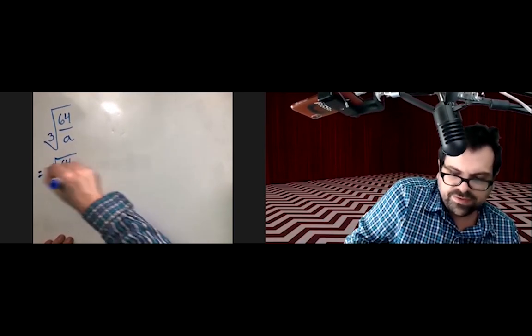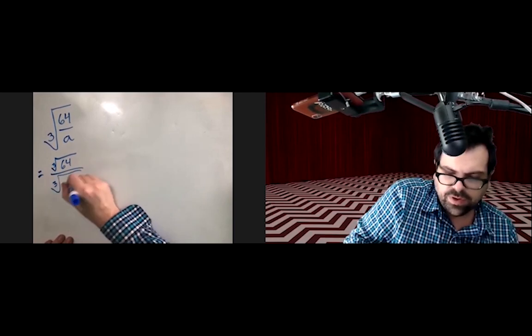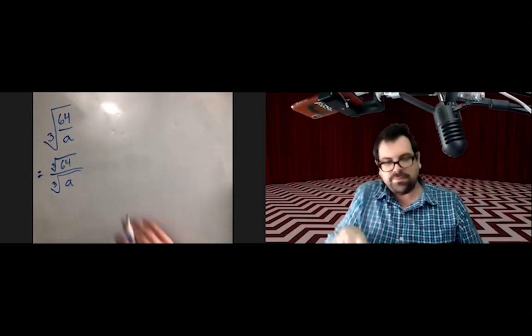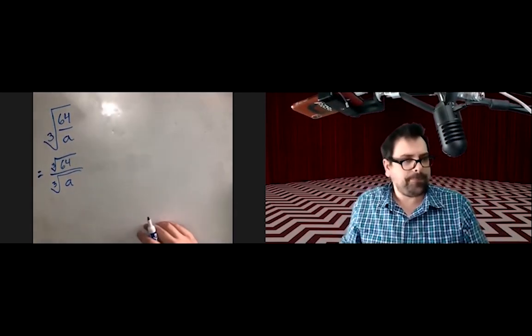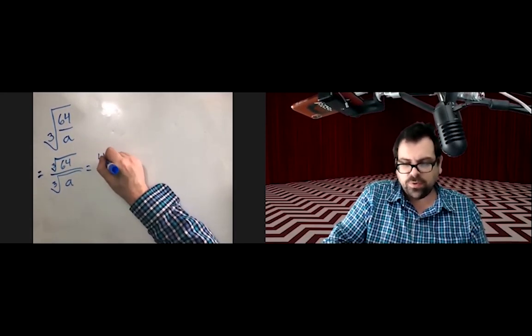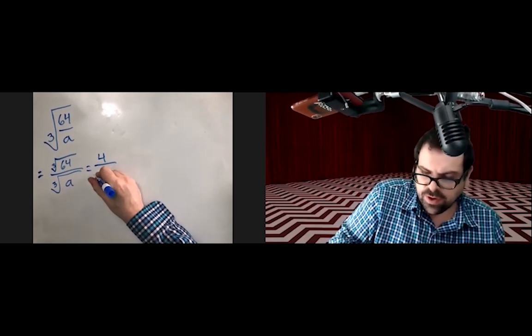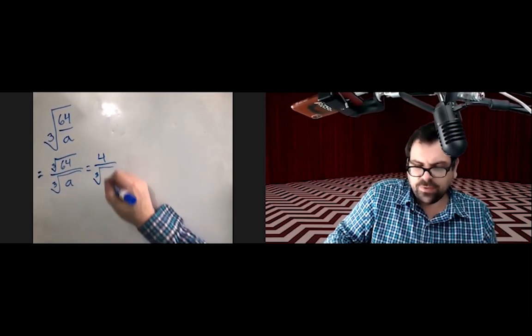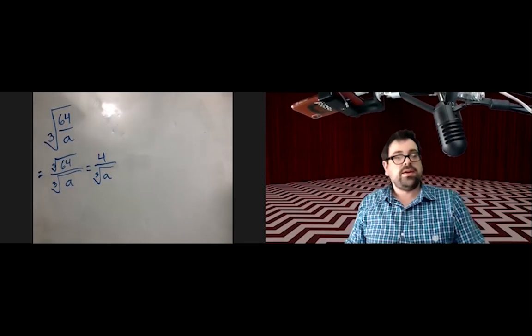Cube root of 64 over cube root of a. There we go. And the cube root of 64 is 4. So what we're looking to rationalize is 4 over the cube root of a.